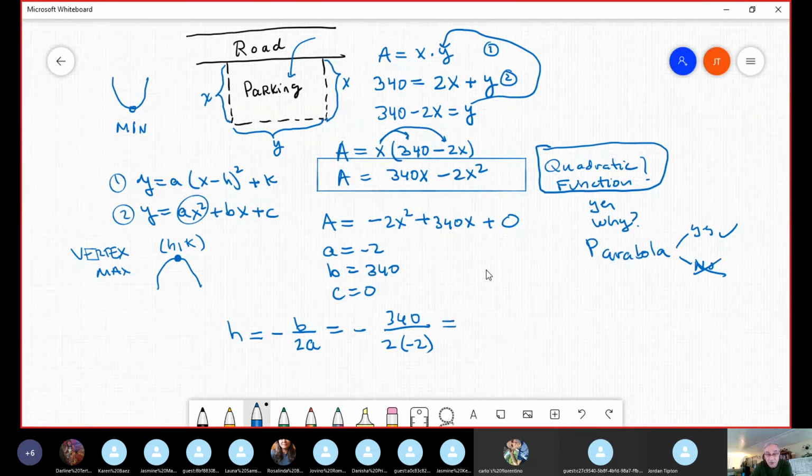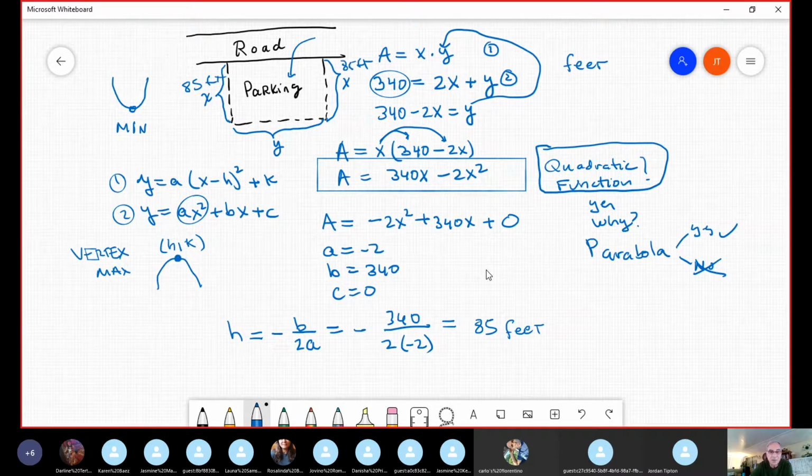The basic calculation is 340 divided by 4, because 2 times 2 is 4, which gives 85. I suppose the unit in this problem, guys, is feet, because this is 340 feet of fencing. So this is 85 feet, and this is also 85 feet.